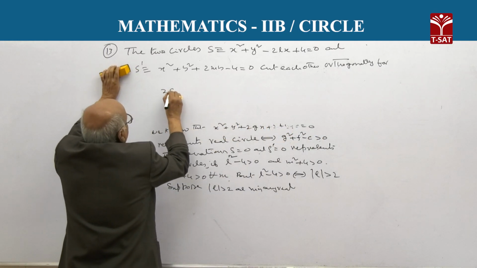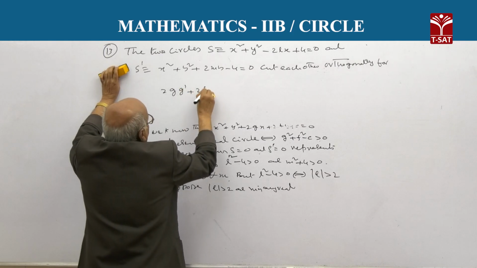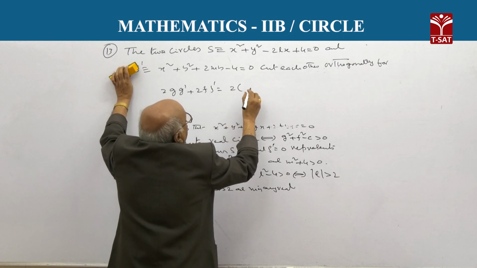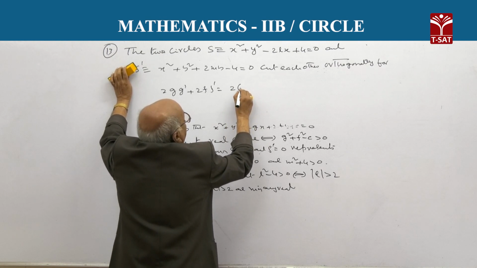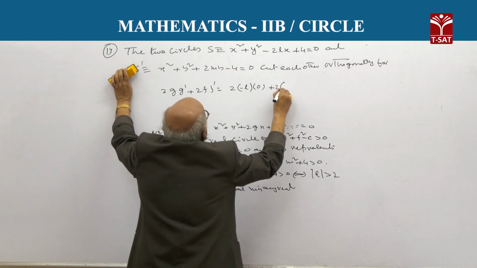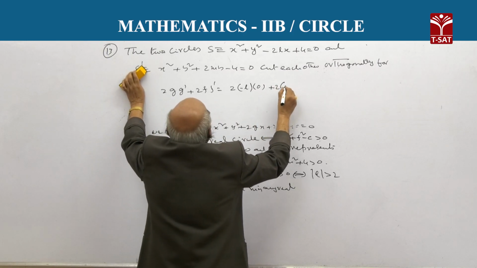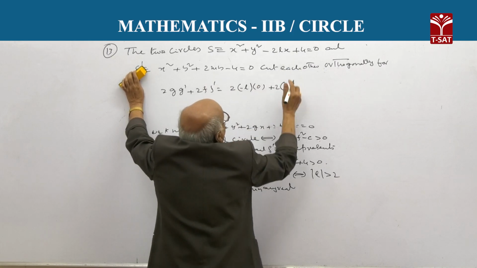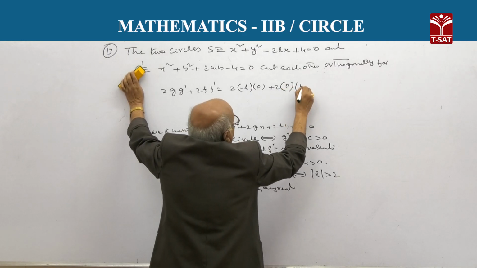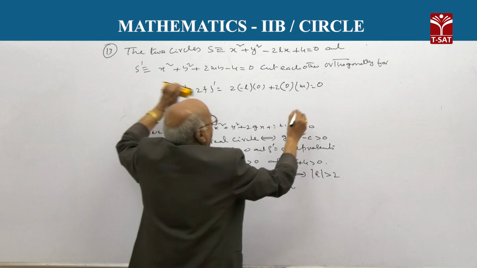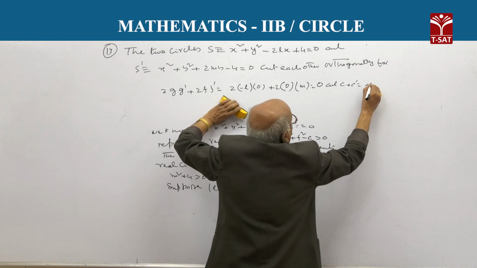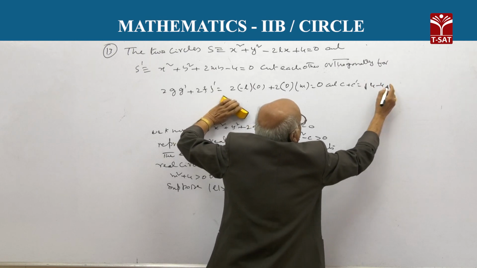Now, 2g dash plus 2f dash is equal to 2 into minus L, g dash is 0, plus 2 into 0, f dash is m, which is equal to 0, and c plus c dash is minus 4 plus 4, which is 0.